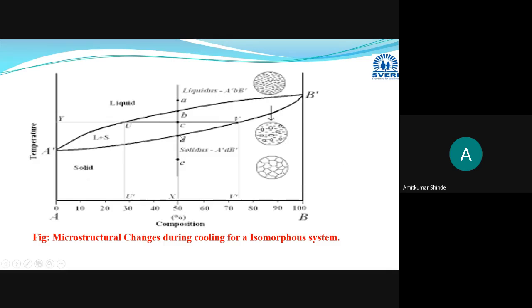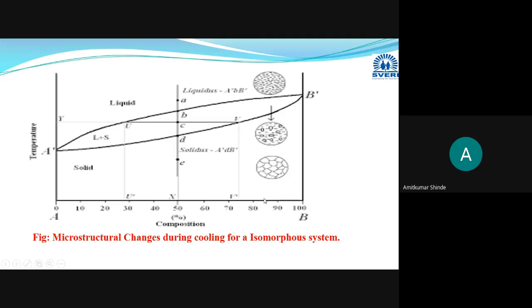And at the end portion we have only solid, and for the layer type system there will be two different solids, but you have to highlight one solid by a blank portion and one solid by a colored or darkened portion, and show one as solid A and the other as solid B for the layer type system.